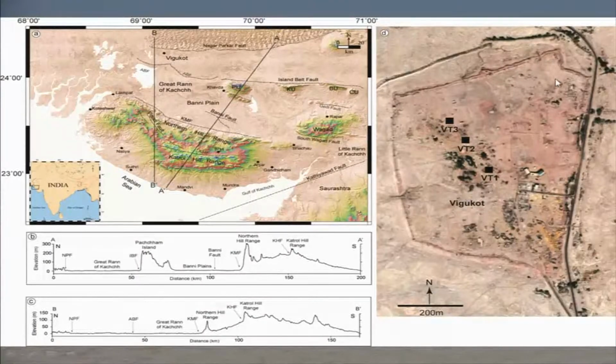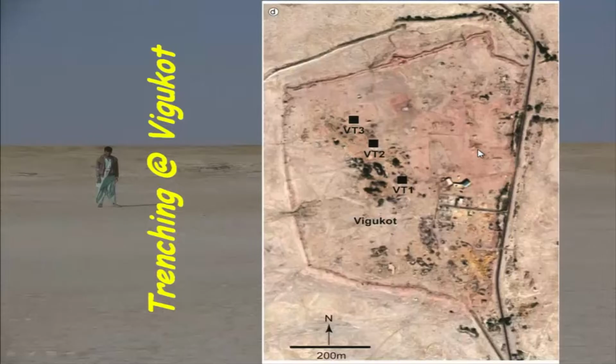So this is the site which we can see here, and the fortified site still exists, and the reddish color which you see here are the brick pads.